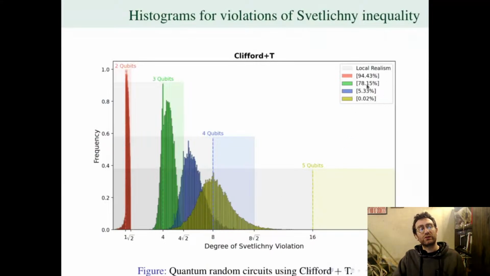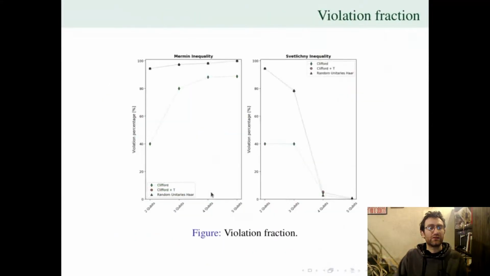And we can also compute the fraction of states that violate the non-locality inequality. This is important because for 2 qubits, most states produced do violate the Bell or Clauser-Horne-Shimony-Holt inequality, and for 3 qubits the fraction is 78%, but then for 4 and 5 qubits, the violation fraction drops off very fast.